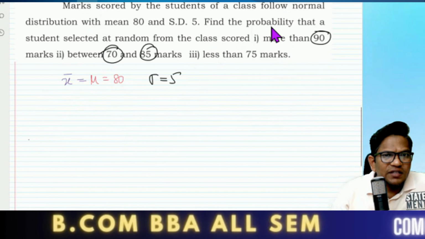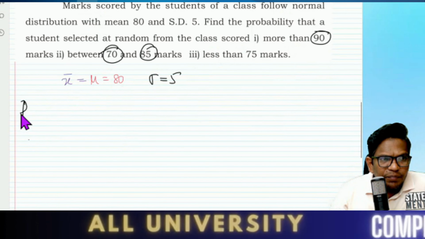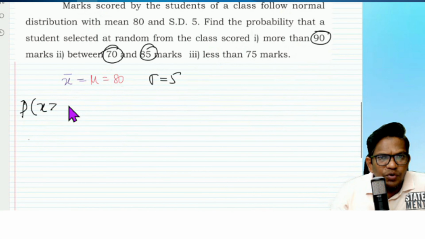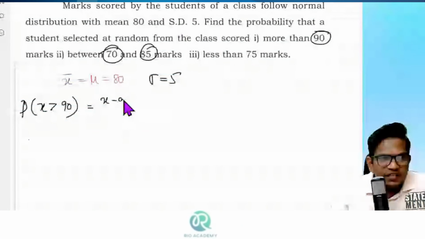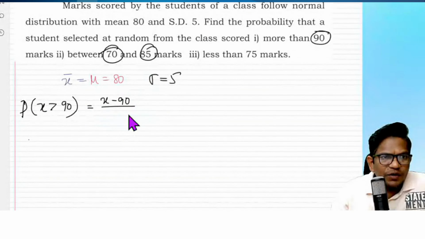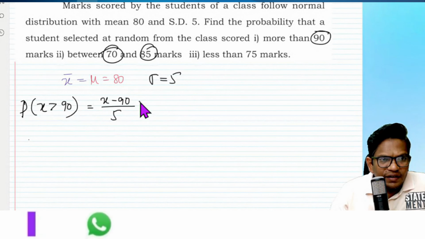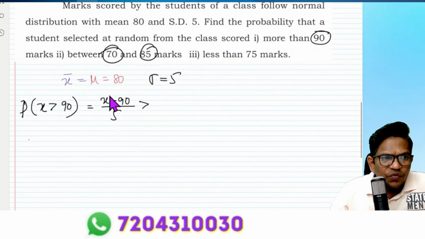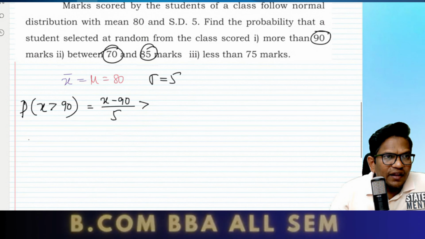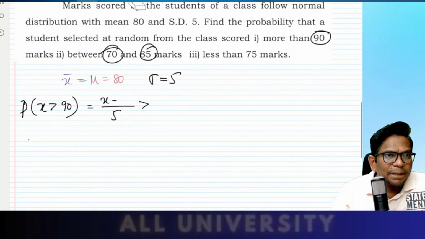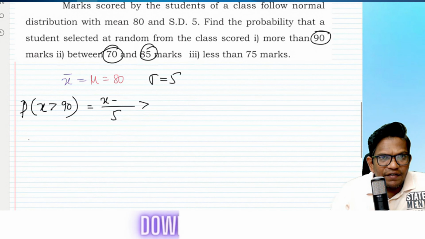What we need: P of X is greater than 90. That means (x minus 90) divided by the standard deviation, 5, is greater than... Okay, what do we have? Sorry, not 90, mu is 80, right?